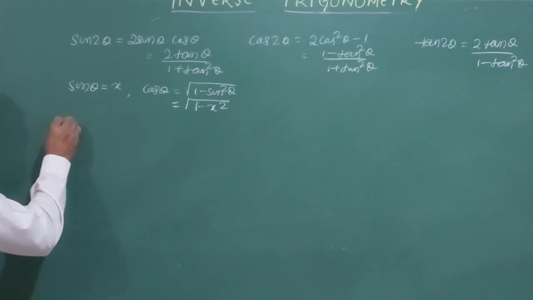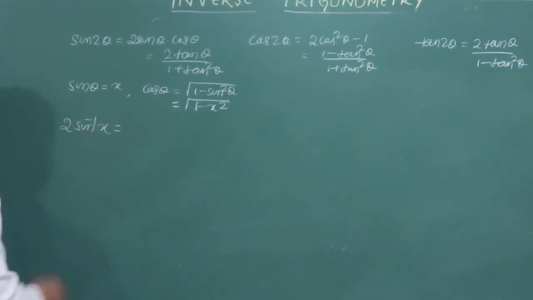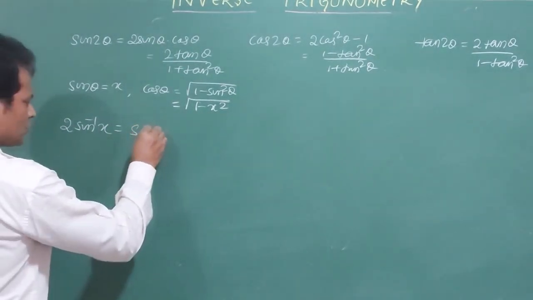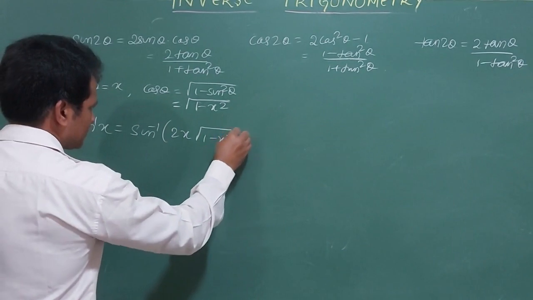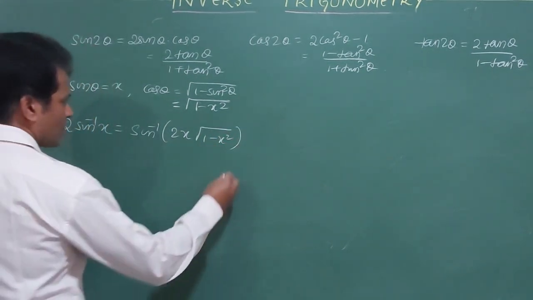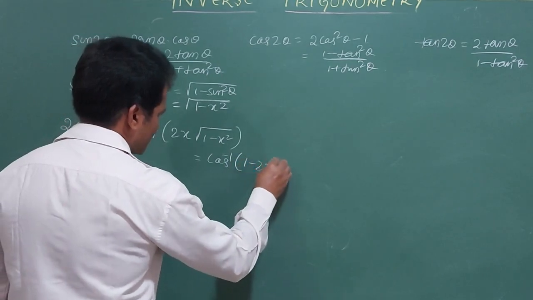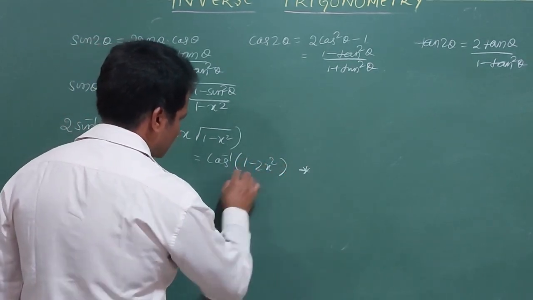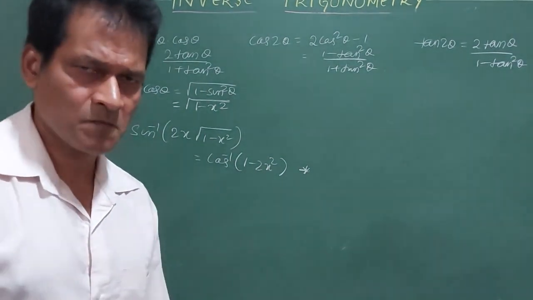Suppose in the examination I get the formula for 2 sin inverse x. I know the formula; you also, if you know it by heart: sin inverse 2x under root 1 minus x square. Or one more is cos inverse 1 minus 2x square. I am giving a star mark for this particular part because this is rarely used, so sometimes you tend to forget it.